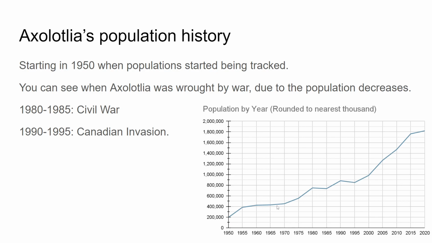And I just kind of made everything up after that and before that. As you can see, it goes by 5 years as the population. I was going to have a prediction, but nah, just make it more cluttered. So yeah, those are some of the big changes that have come to the Axolotlia project.